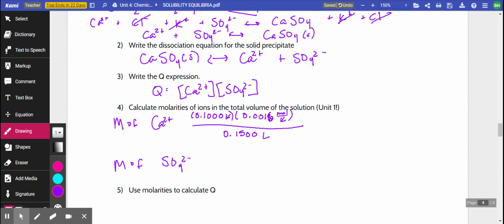It's the same number of moles, but when you put the two solutions together, you now have a total of 150 milliliters or 0.1500 liters. That gets us to a molarity of 0.0011 molar calcium ions.